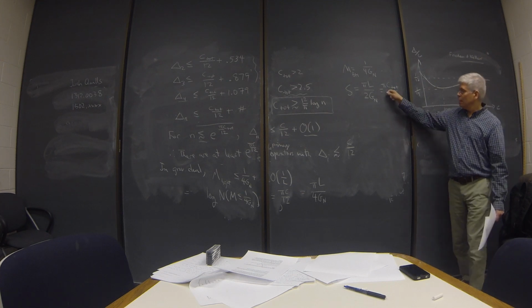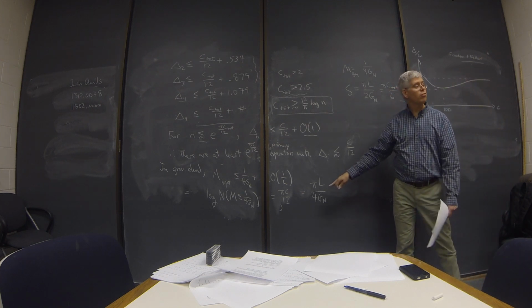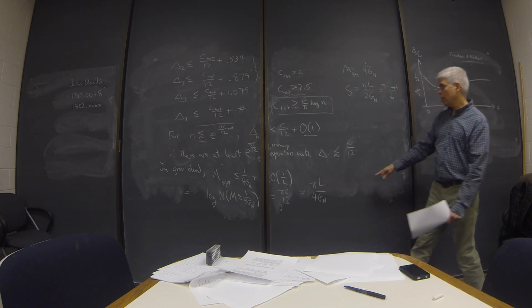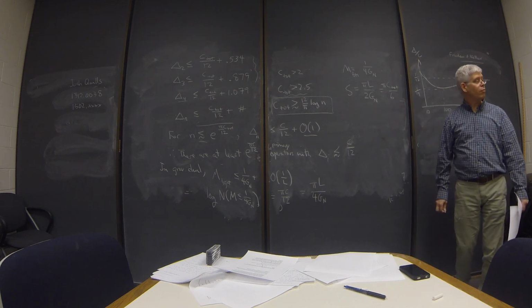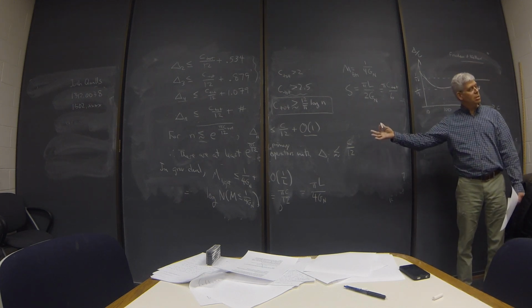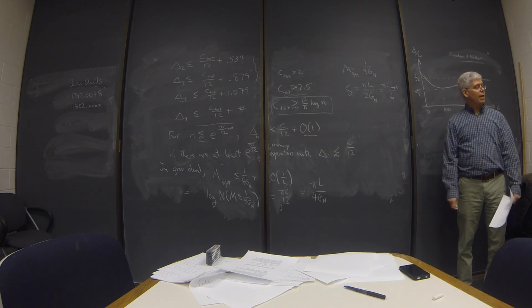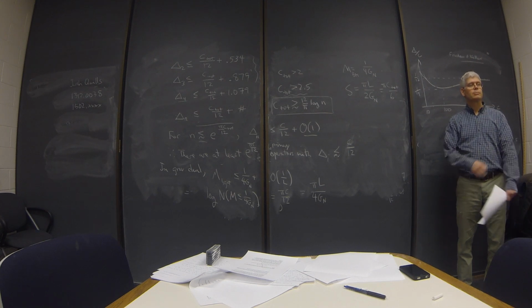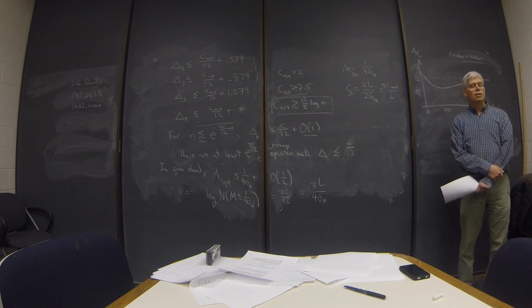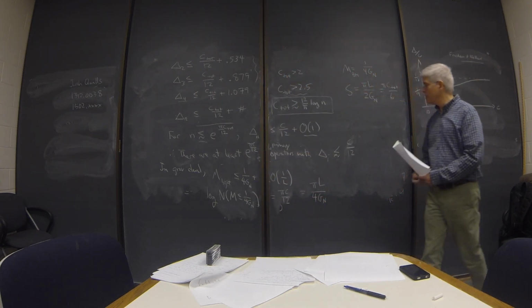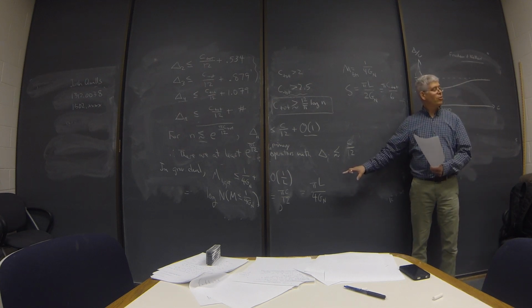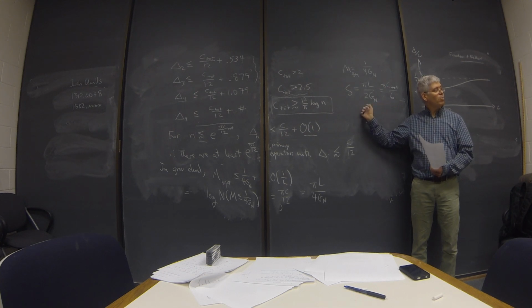Okay, so in fact this lower bound on the number of states is 1/2 of the entropy of a black hole of that mass. So a black hole would satisfy this inequality. It's nice to have actually counted these states, enumerated them all, and got the black hole entropy up to a factor of 2.